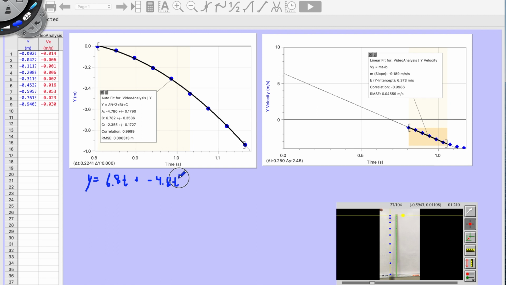And then I have this weird C value, which is negative 2.355. So we'll call that 2.4.